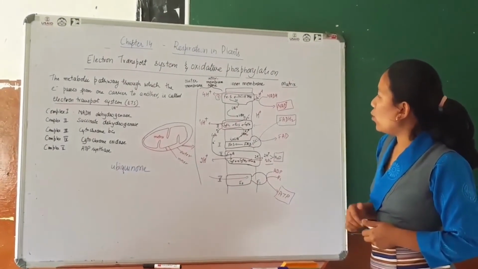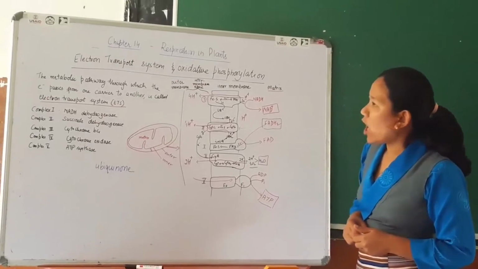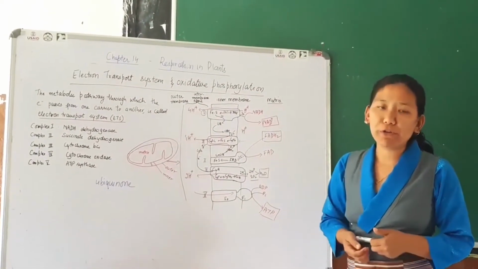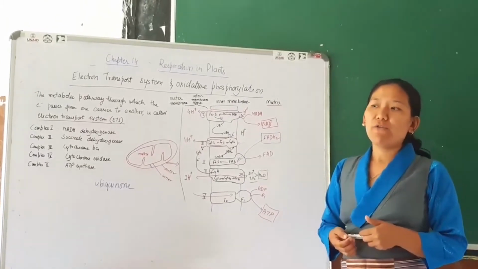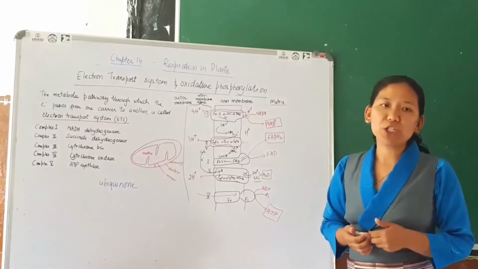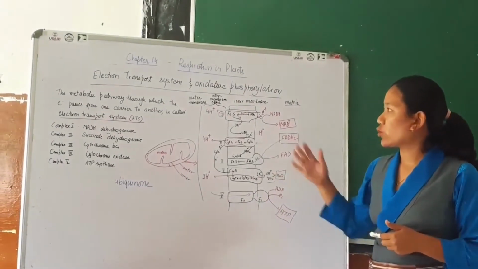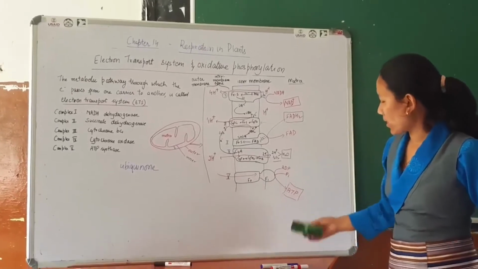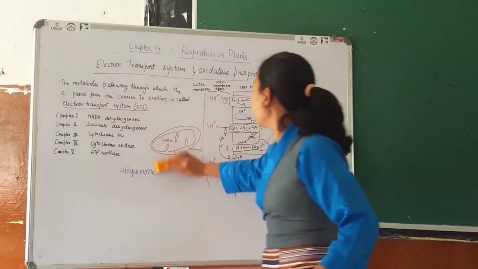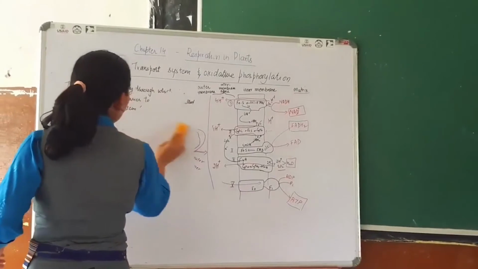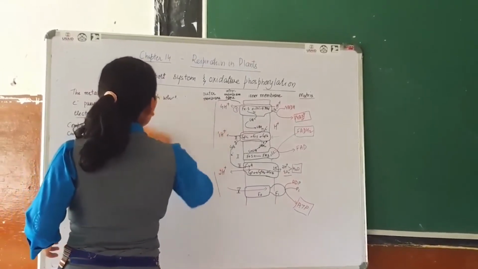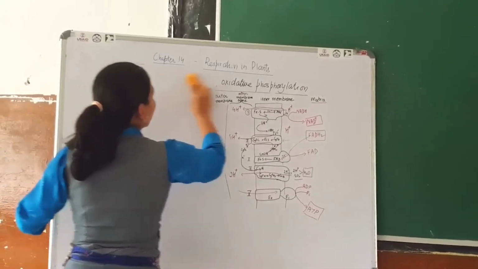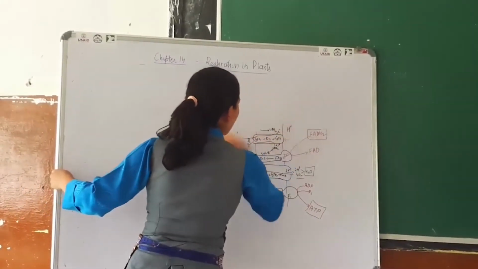Okay, now the question is, how much ATP? What is the total number of ATP synthesized during the oxidation of one glucose? Okay, so let us look at the respiratory sheet. Okay, our next topic is the respiratory sheet.